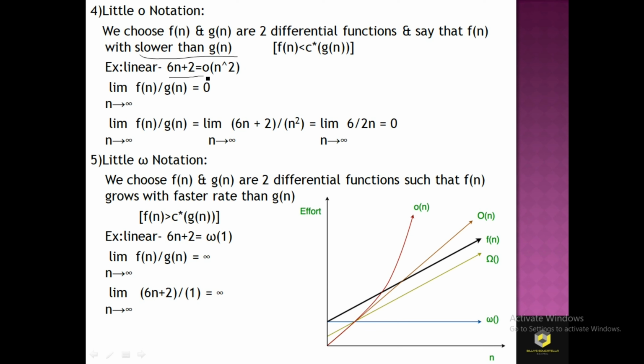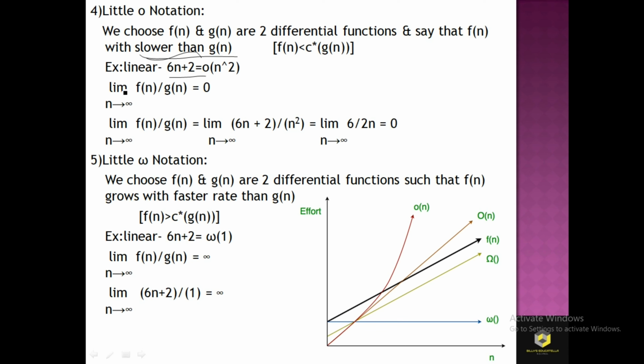If we consider the linear equation 6n plus 2, its time complexity is order of n square. When we compare with big O notation, its time complexity is order of n, but it must move at a slower rate, so its little o complexity is order of n square.